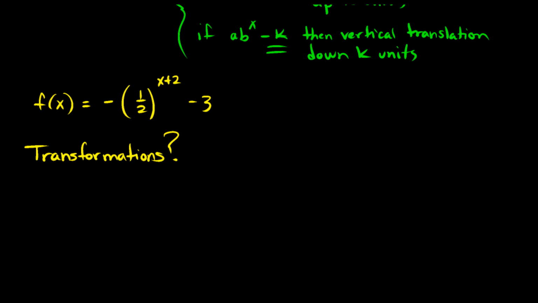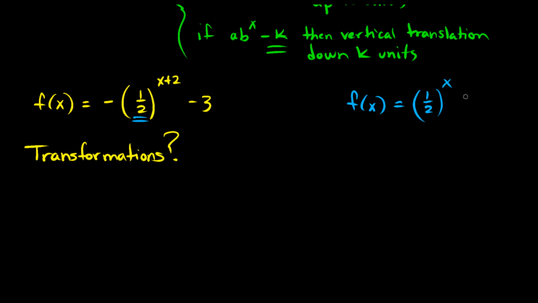the first thing you should do is look at what's in front of the b value. My b value is 1/2. That's your base. So in the back of your mind, you're asking yourself, what's happening to my run-of-the-mill 1/2 to the x power? What's happening to this base of 1/2 raised to the x?